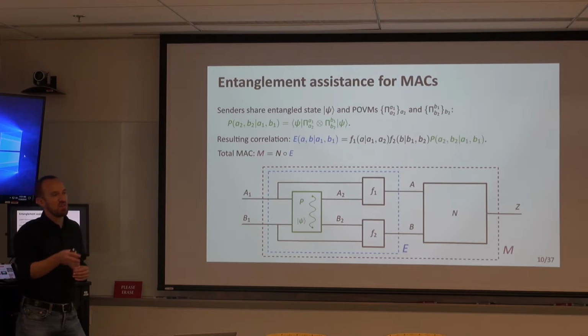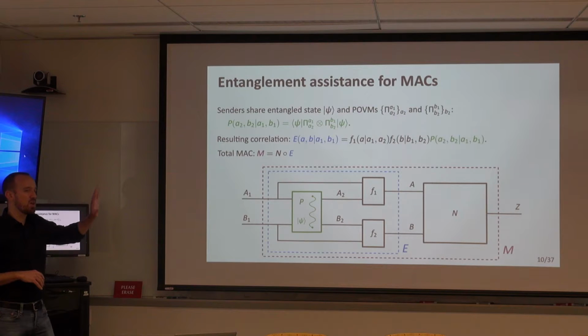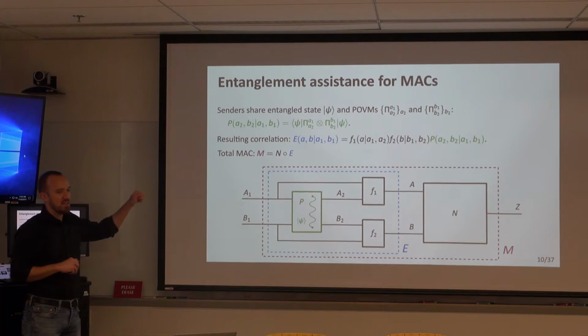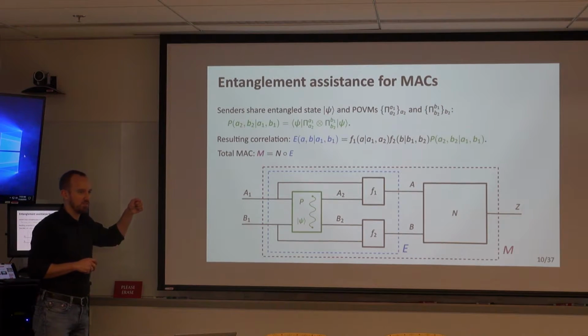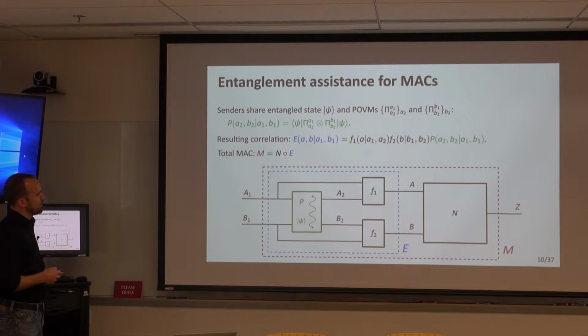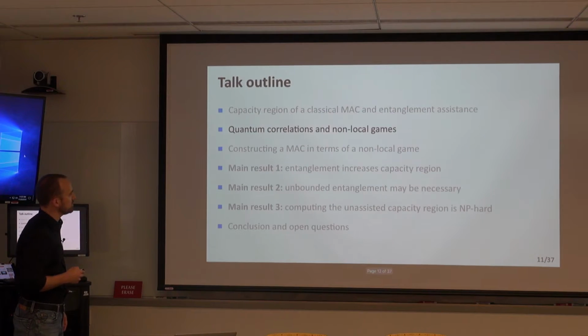This basically gives you the convex hull of all the achievable pentagons. So shared randomness is already incorporated into the classical coding theorem. And here you're really adding something more because you allow for correlations coming from entanglement. Yeah? So thanks for the question. Okay, I'll continue, and if you have more questions later, please don't hesitate to ask me.